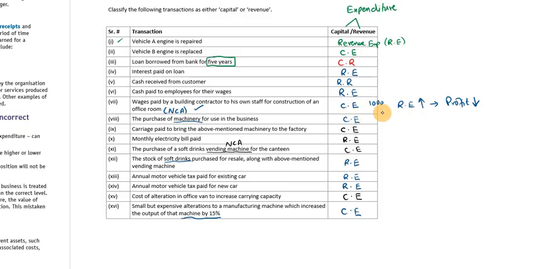So this error will have a direct impact on the profit and loss of the financial statement. So the statement of comprehensive income will increase or decrease with the change of these revenue and capital expenditure categories. If we consider this as revenue expenditure, on one hand we increase the expenditure and decrease the profit.